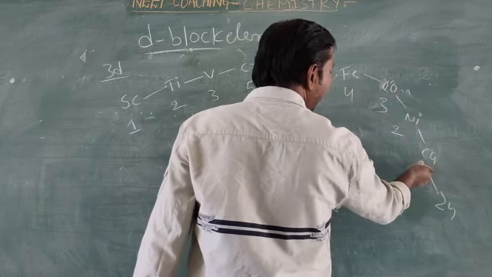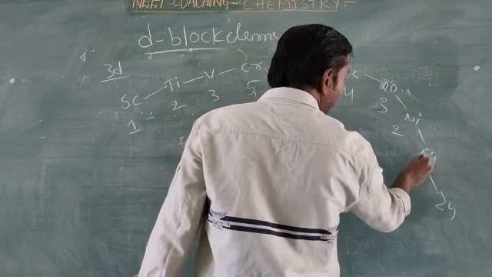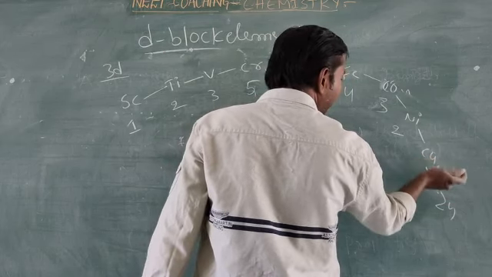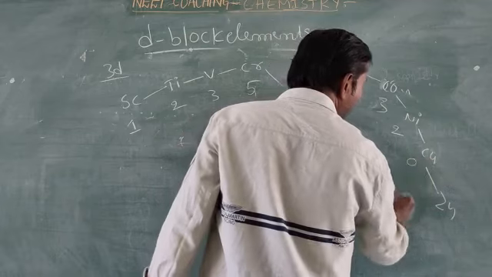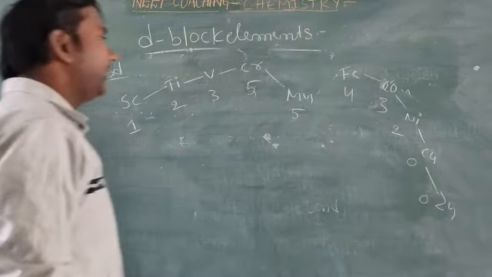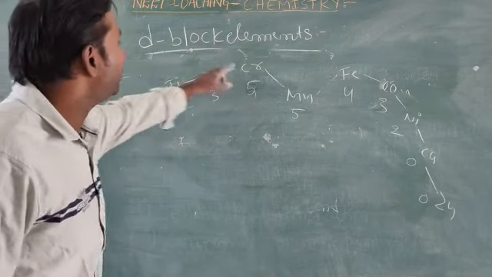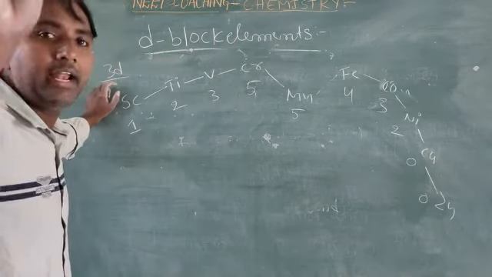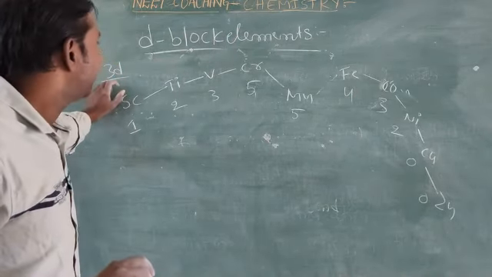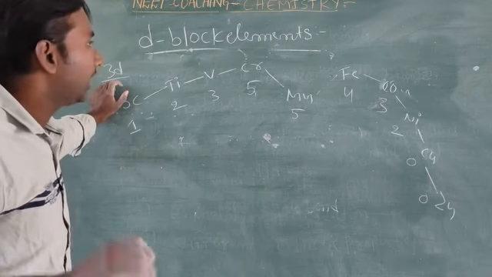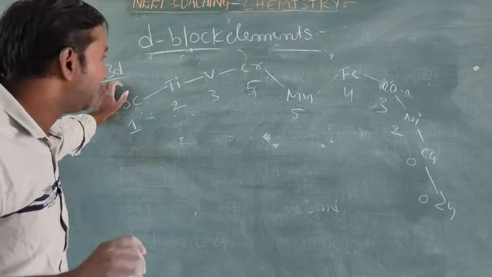Copper, almost 3d10 4s1, means 0, in a stable state, and zinc also has 0 unpaired electrons. That's why from scandium to chromium unpaired electrons increase.